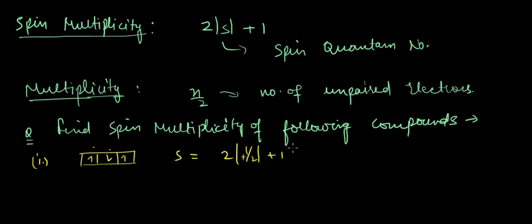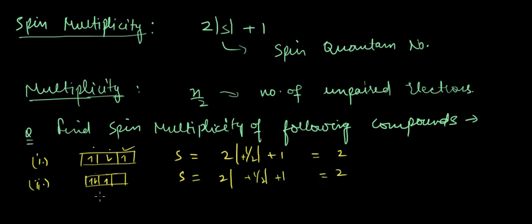So the spin multiplicity would be 2. Let's take another example. Here the spin multiplicity would again be 2 mod of plus half minus half, 0, and plus half is remaining, plus 1, that would be 2.